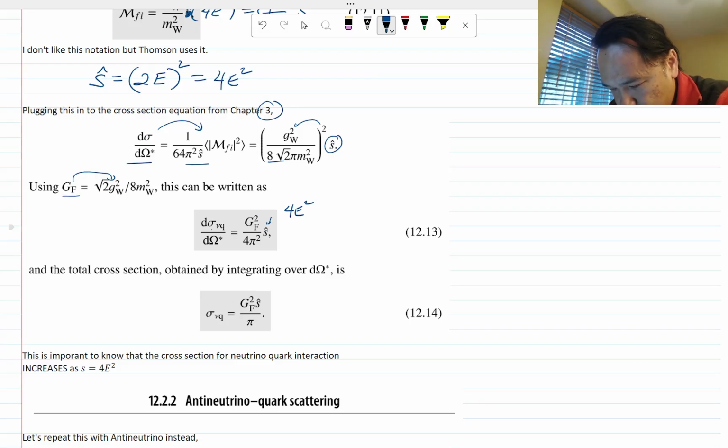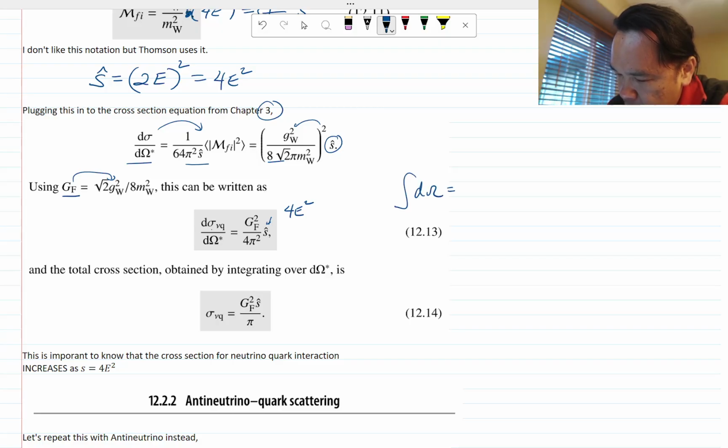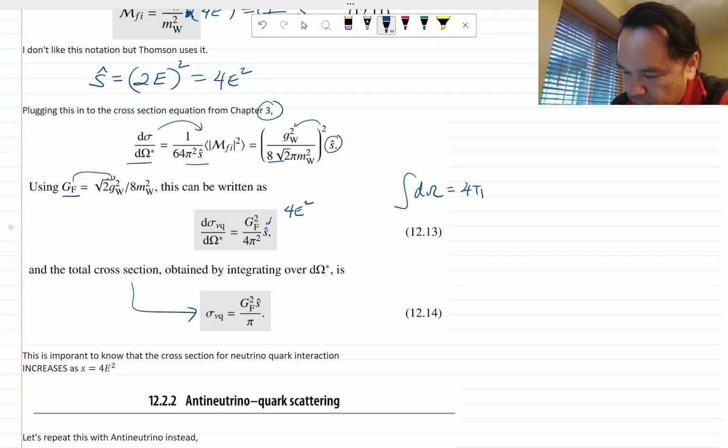All right, since this has no angular dependence, if you were to integrate over d omega, remember that basically you have 4 pi. So the 4 pi actually cancels out with the 4 and one of the factors of pi. So the total cross-section is just G Fermi times the square of the center of mass energy divided by pi.